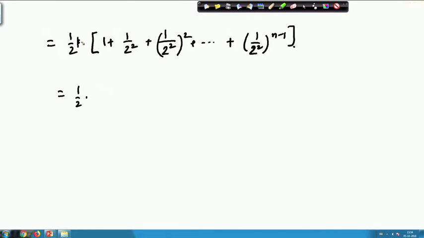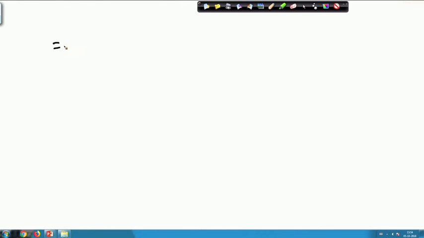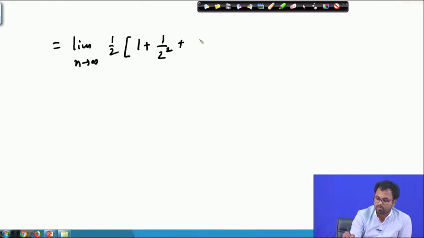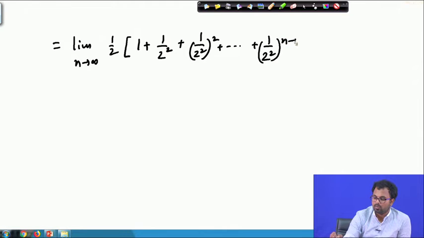Next we can write half, I take half common, and then it will be 1 plus 1 by 2 square plus 1 by 2 square whole to the power 2, plus dot dot and so on, 1 by 2 square whole to the power n minus 1.